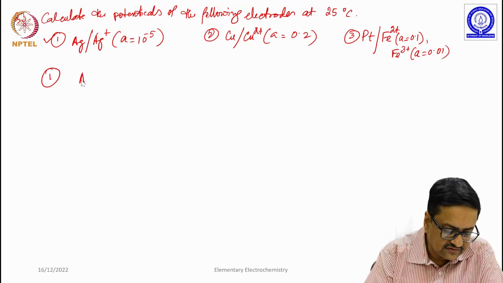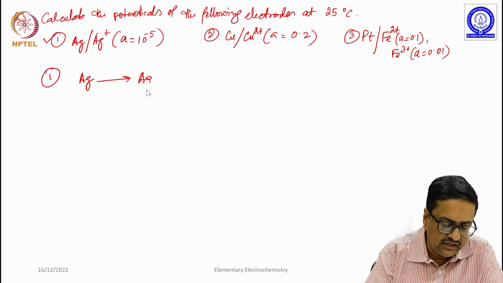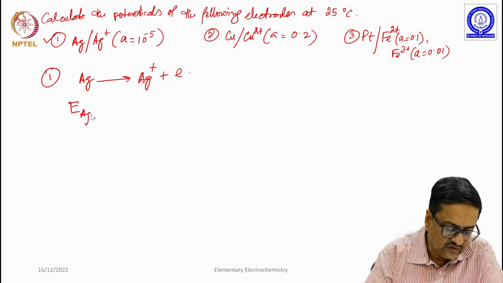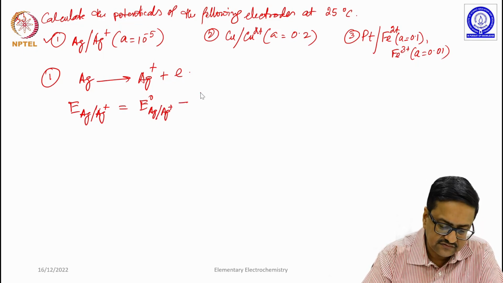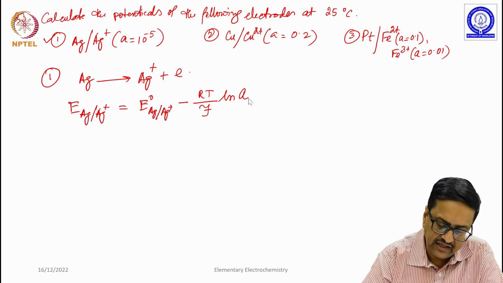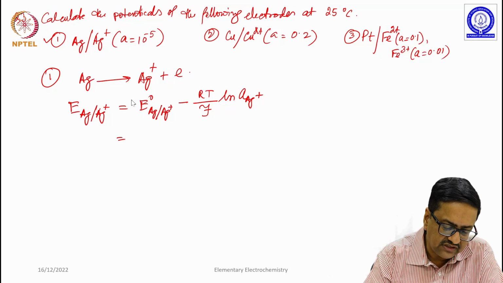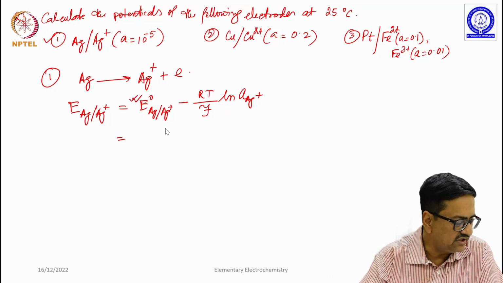So the reaction is Ag going to Ag plus plus electron. So the potential of Ag plus is nothing but E0 Ag plus minus RT by F, because it is one electron transfer, ln activity of Ag plus. So now you take the value of this E0 Ag plus from the literature.